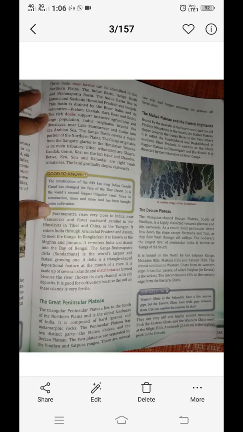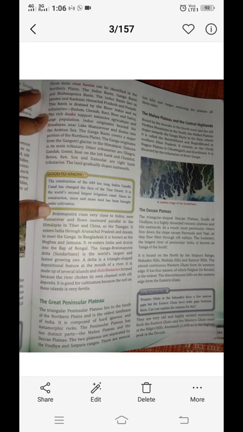The Malwa Plateau and the Central Highland are bounded by Aravalli in the northwest and the old Vindhyan mountain in the south. The Malwa Plateau slopes toward Ganga basin in the east, where it is called Bundelkhand and Baghelkhand in southern Uttar Pradesh.